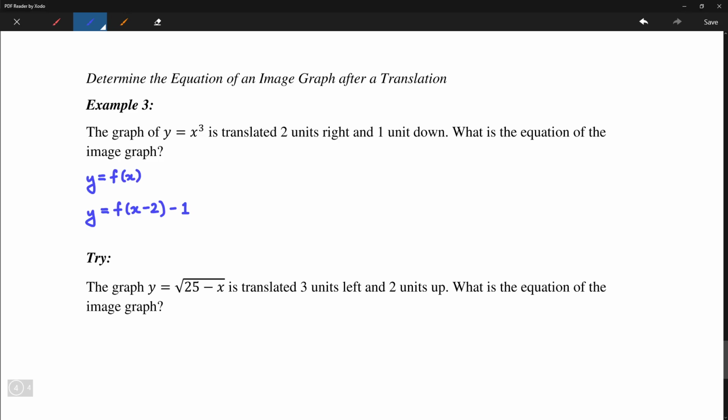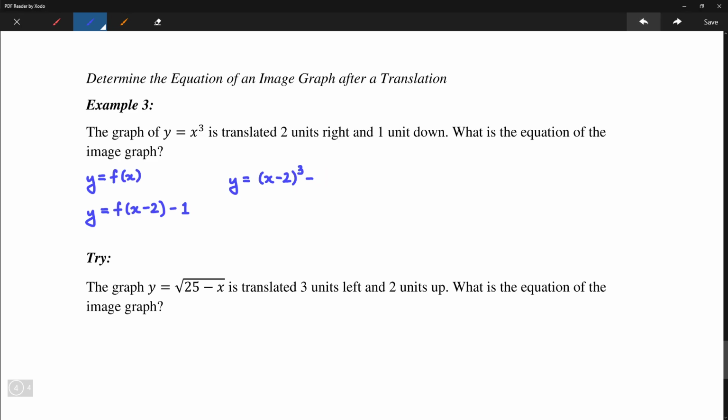And then we'll try to fit it back with y equals x cubed. So we'll have y equals (x minus 2) cubed. We replace x with x minus 2, so all of x minus 2 will be cubed here. And then minus 1 will be outside the parentheses.